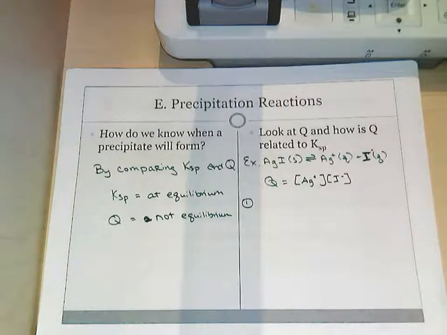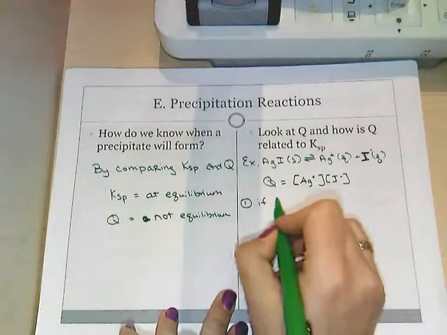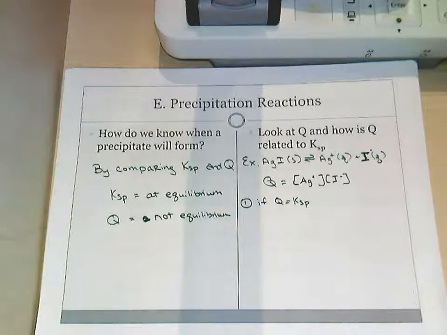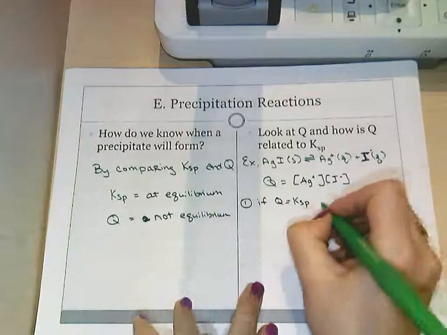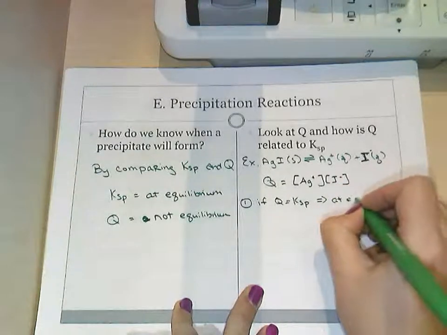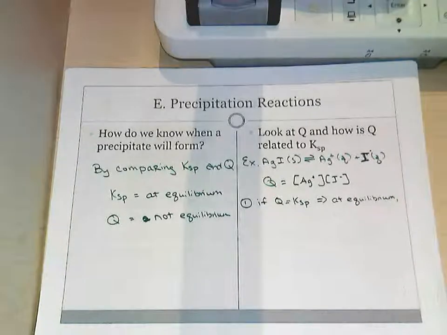We could say, okay, so where am I at if Q equals KSP? I'm at equilibrium. Can I put any more ions into solution? Or am I at the max number of ions?